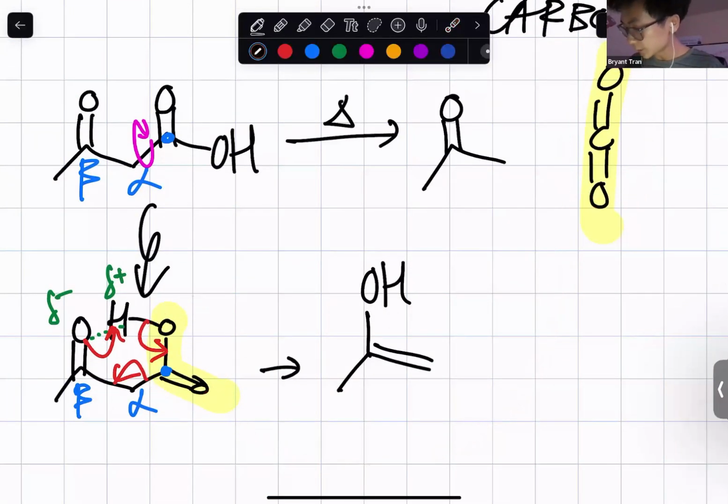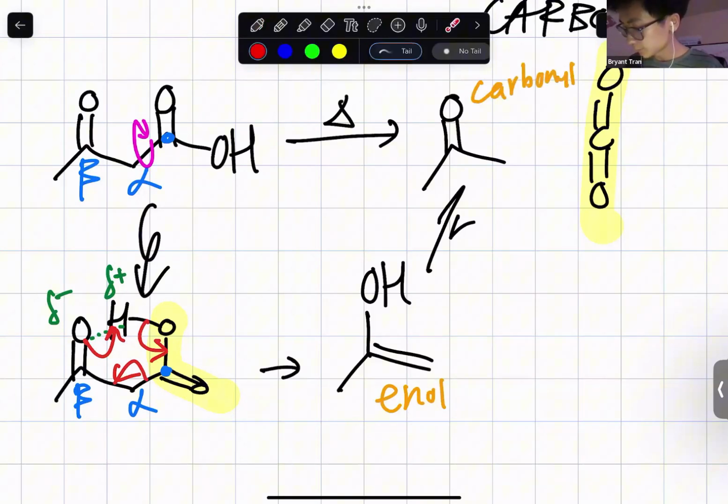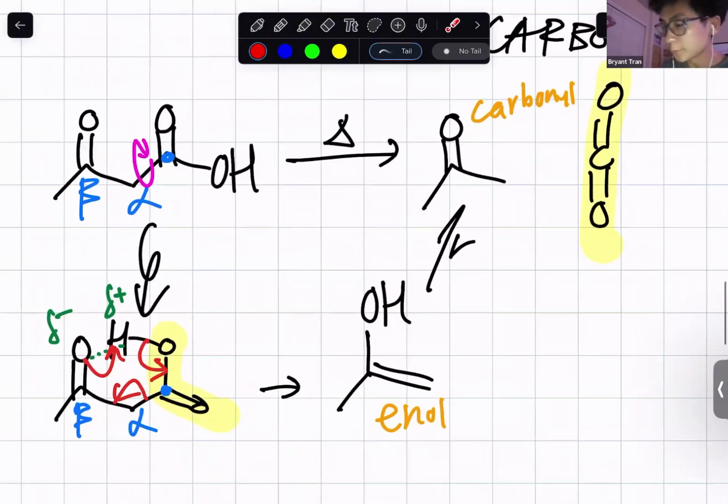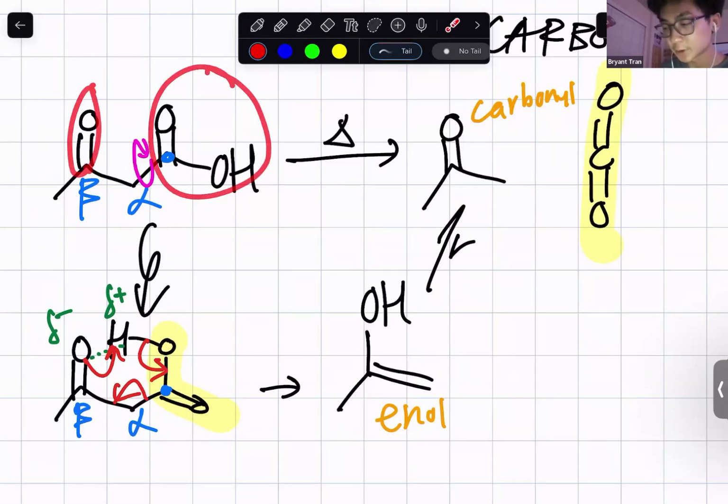And then we already know that this is an enol, which will tautomerize into the carbonyl form. Any questions on this mechanism? Now, the relationship between the carbonyl and carboxylic acid has to be beta to each other for this to work.